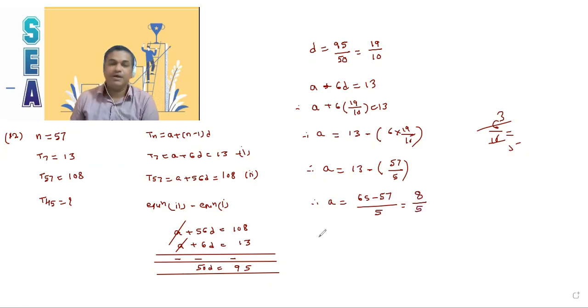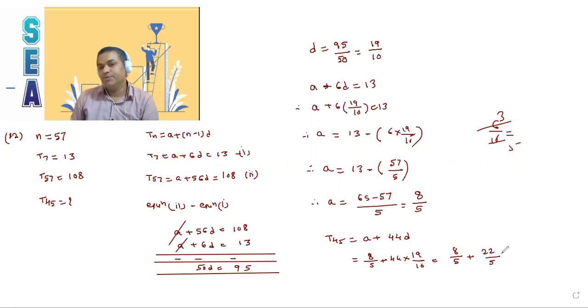So they are asking us to calculate the 45th term. So we want T45 is equal to a plus 44d. Agree with me? So our a is equal to 8 by 5 plus 44 into d, which is 19 by 10. So 8 by 5 plus 22 by 5 into 19.